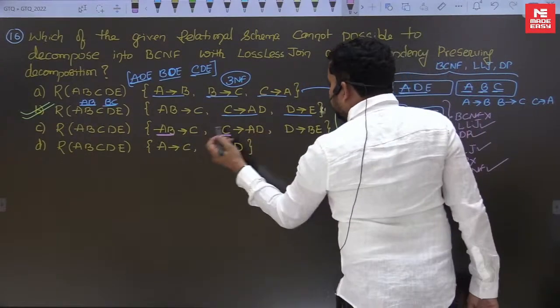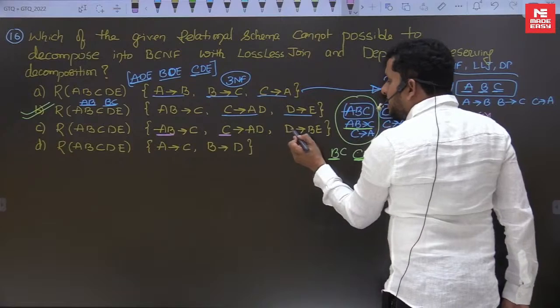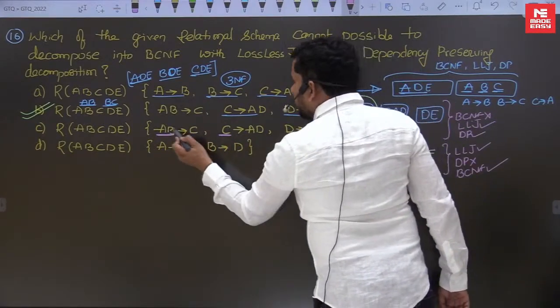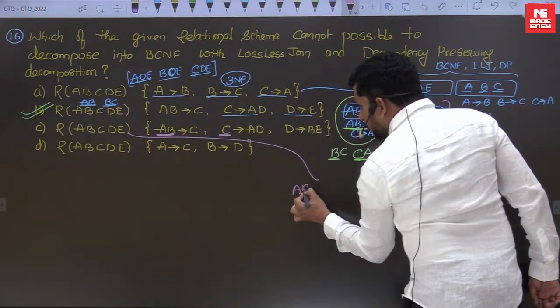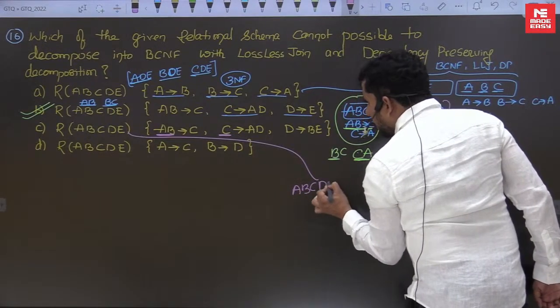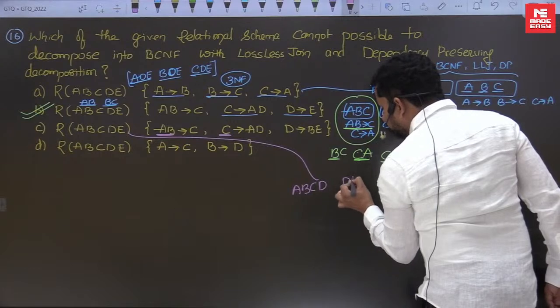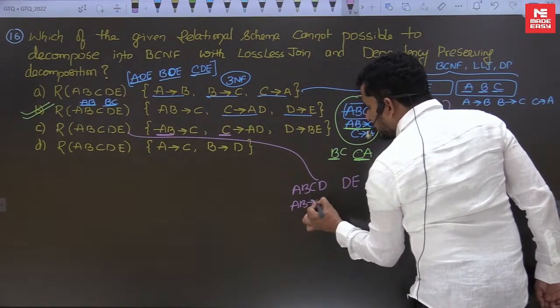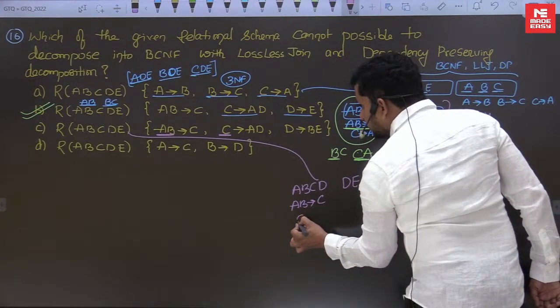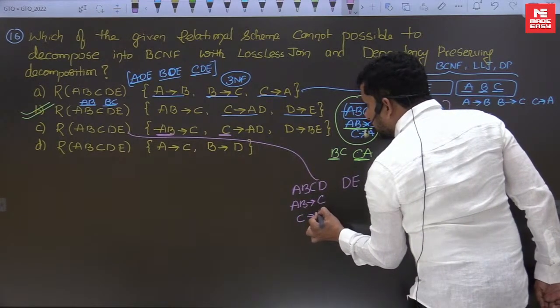So excluding DE, if we decompose like this, ABCD in one table and DE in one table, then AB determines C is one FD and C determines ABD.